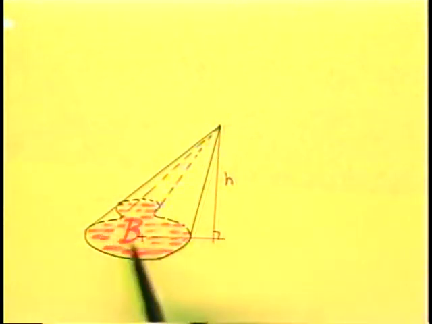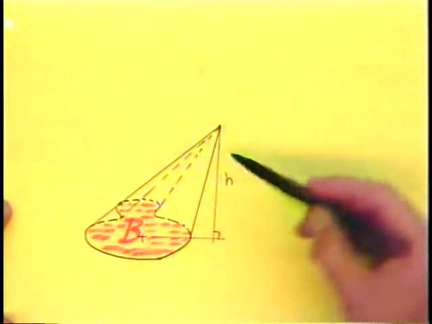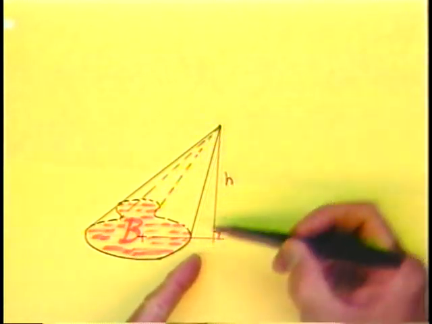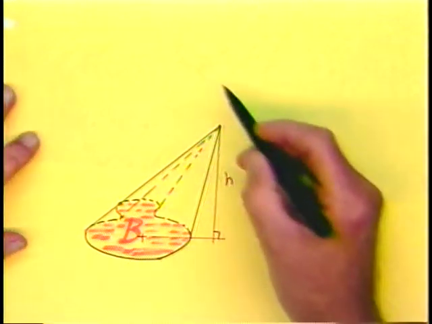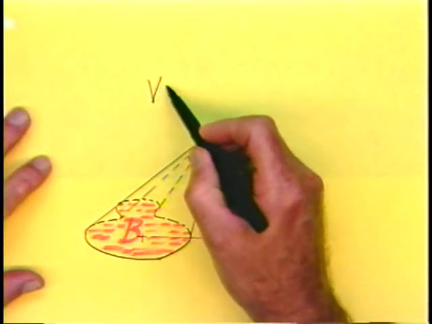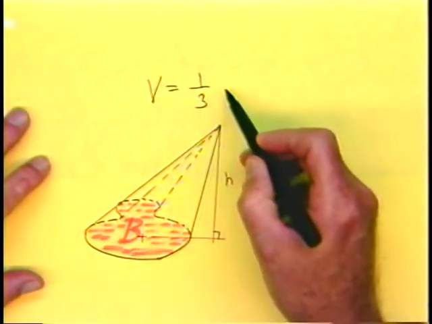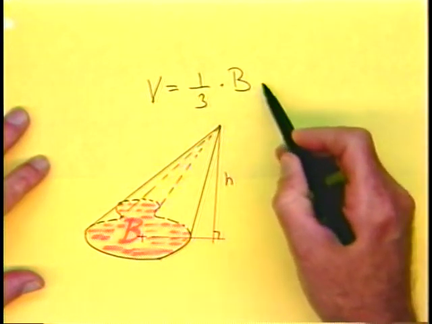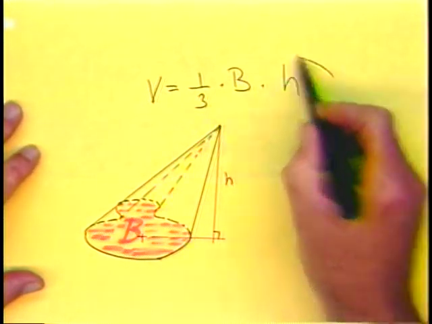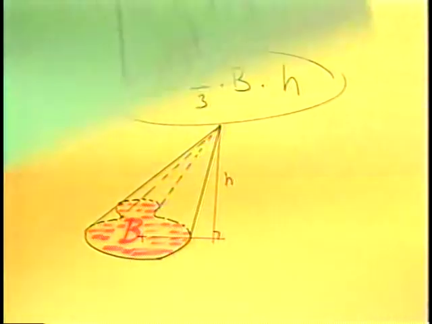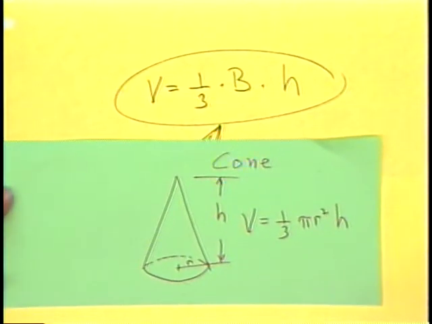And if we have an area going up to a point with the distance from that point dropped perpendicular to the base, the generalized volume formula is 1/3 the area of the base times the height. Now, do you see that the cone is a special case of that?